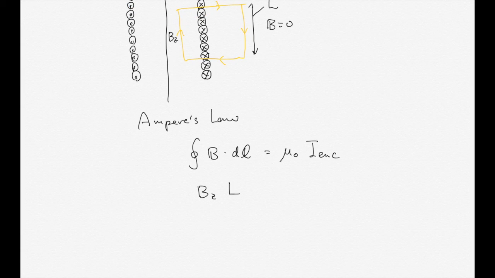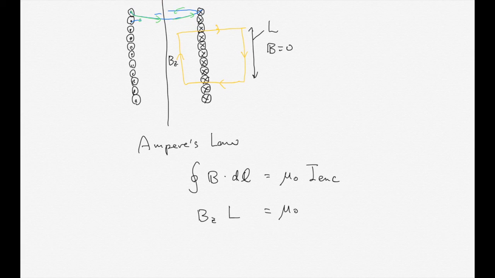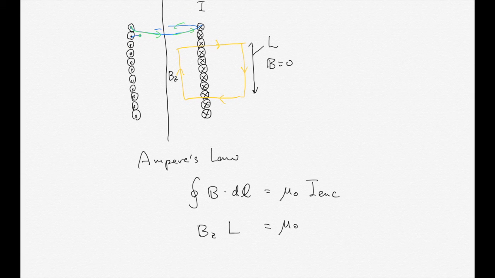This is the left hand side. Then the right hand side, mu sub 0 times the current. For the direction of the area, you can use the right hand rule to find that it is this one, and this direction is exactly the same as the direction of the current.